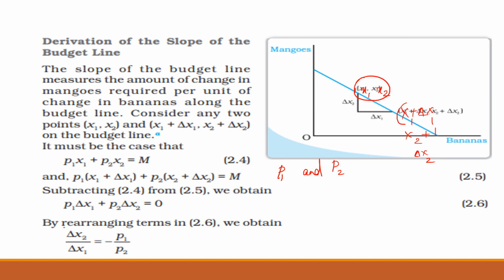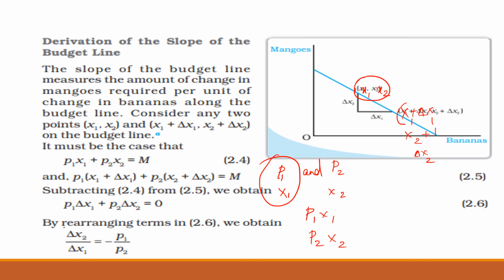Just call banana X1 and mango X2. Okay. And what would be the expenditure that you would be incurring on banana? To find that, you need to multiply the price with quantity. And what would be the expenditure that you incur on mango? In order to find that, you have to multiply again your price with quantity.